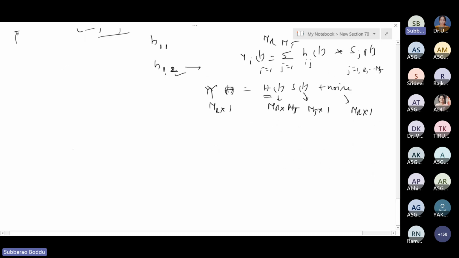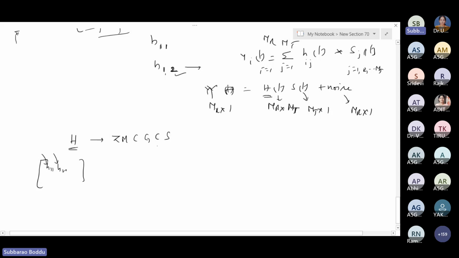Here, the channel matrix H is usually modeled as zero mean complex circular symmetric Gaussian, ZMCSCG, with unit variance. So this H matrix has H11, H12, and so on. These are all basically the channel coefficients, which are random variables.